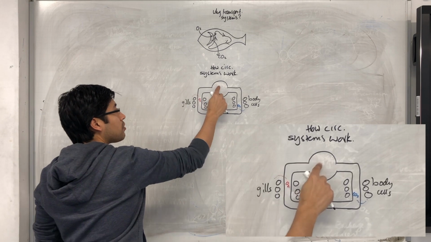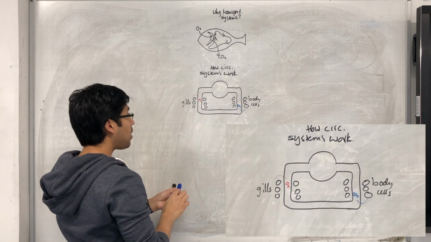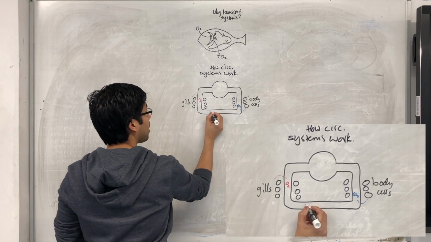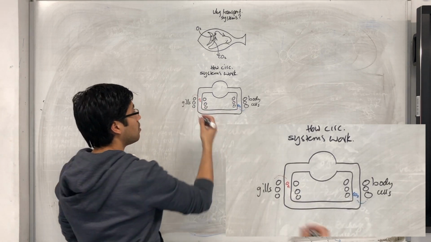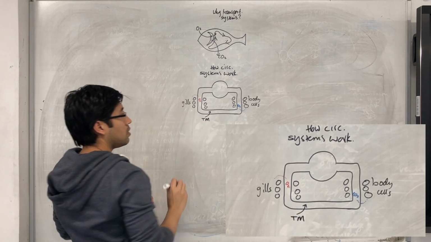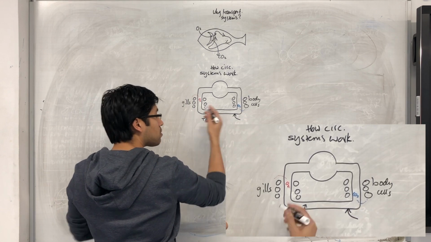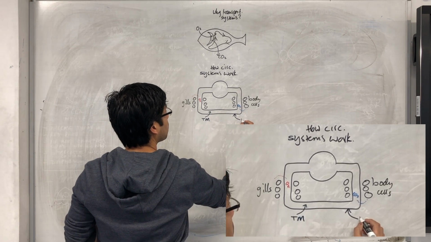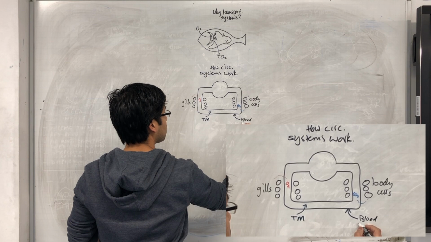The job of the transport system is to move this fluid around. This fluid that contains the oxygen and CO2 is called the transport medium. These vessels contain the transport medium, and we'll see why. We'll call them blood vessels, or just tubes in general, that works too.